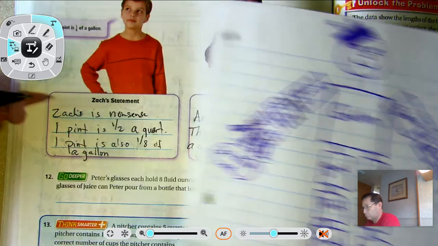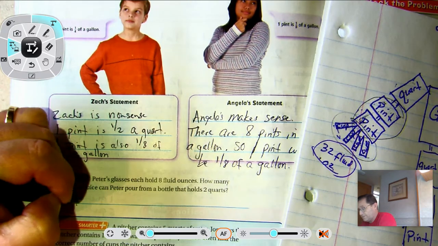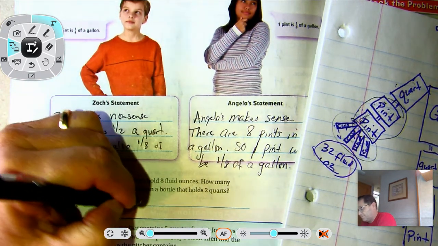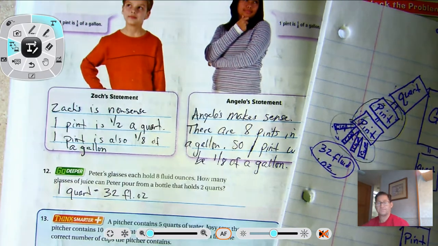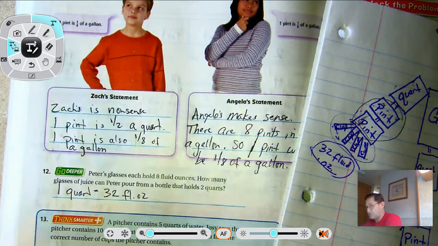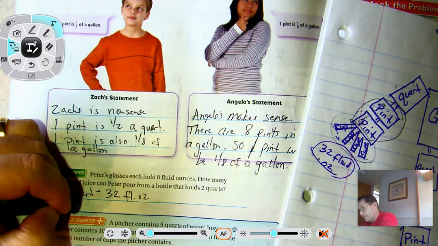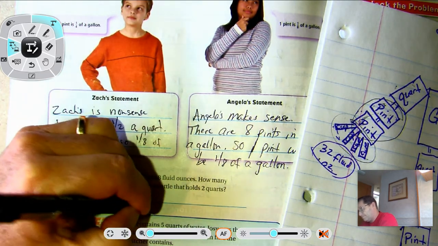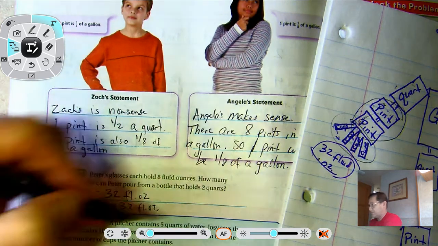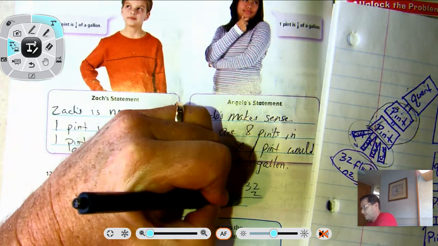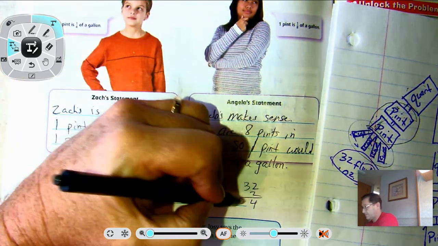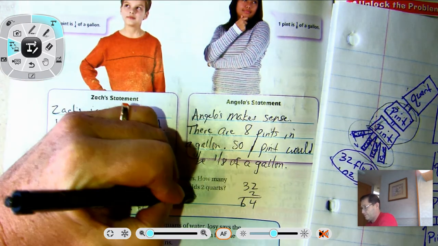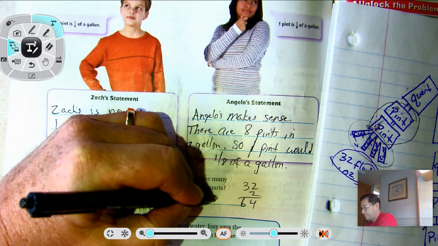Okay, well, 1 quart equals 32 fluid ounces. He has 2 quarts. So 2 quarts would be 2 times 32. 2 times 2 is 4. 2 times 3 tens is 6. So 64 fluid ounces.